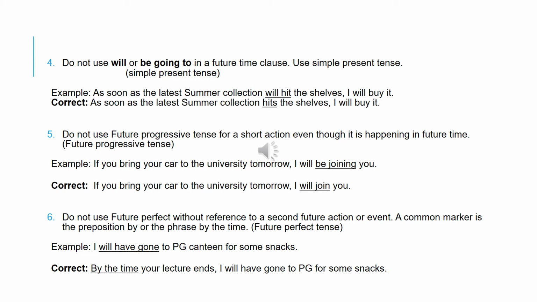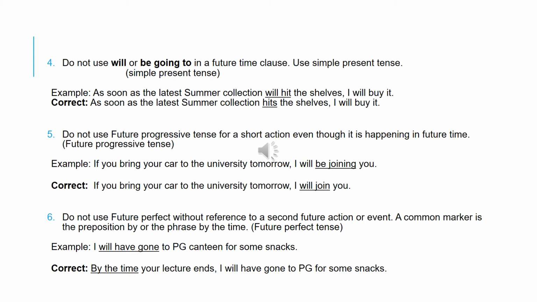Alright, coming towards the sixth, do not use future perfect without reference to a second future action or event. A common marker is the preposition by or the phrase by the time. We already have talked about this, that two actions are supposed to be a part of a sentence when we're talking about the future perfect tense.